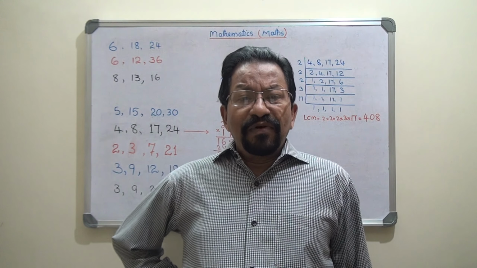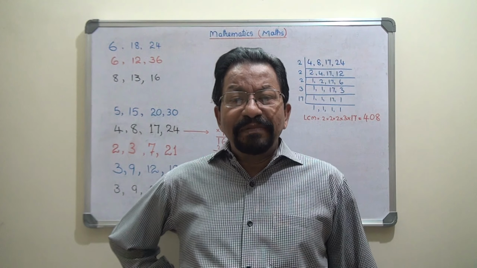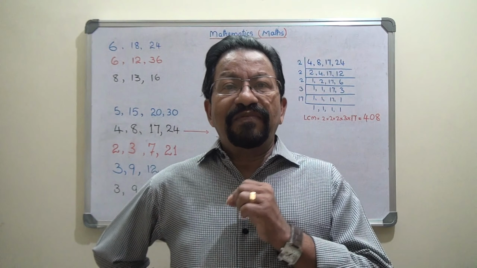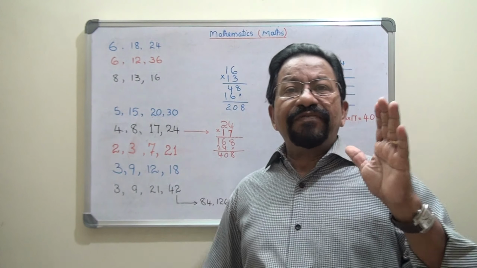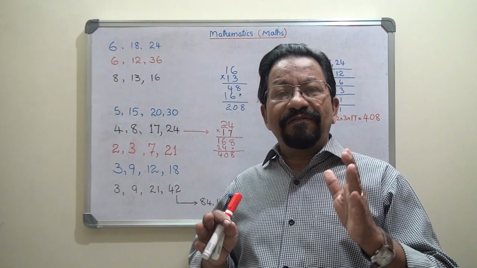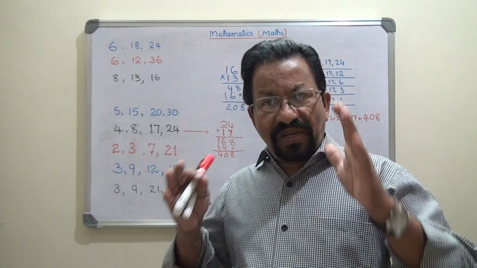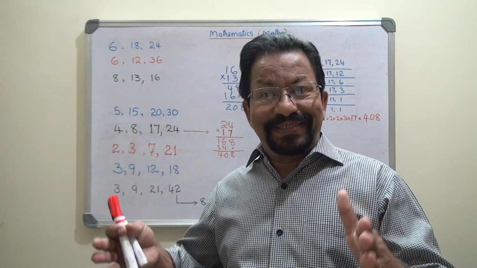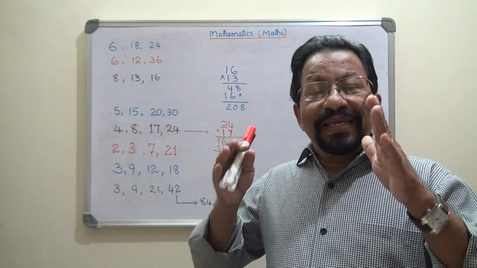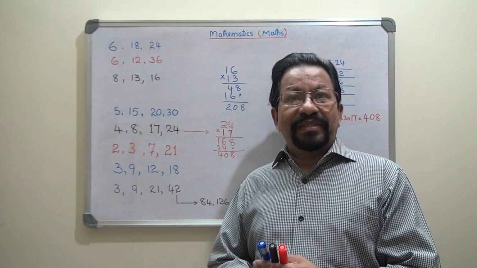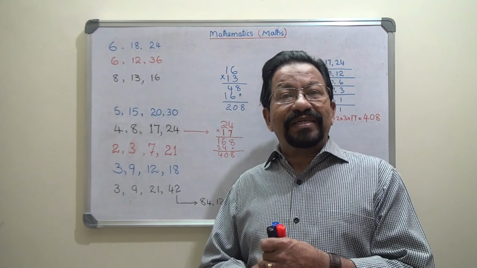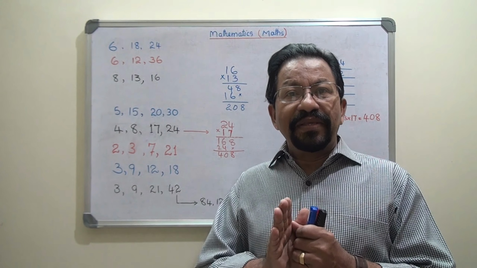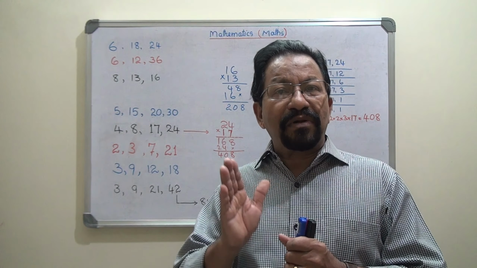Another thing I want to tell you, first of all, is one general principle or general rule of the LCM. Suppose you are taking the LCM of 2 or 3 or more fractions, which means we are taking the LCM of the denominators. The LCM will be the largest number of the denominators.